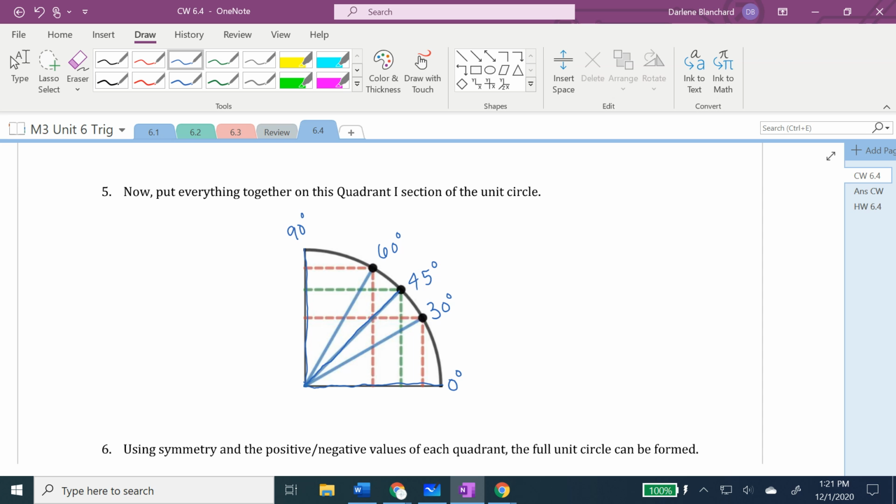Now, are there more angles than just 0, 30, 45, 60, and 90? There are a lot more angles. These are our reference angles. They allow us to get an idea of what the values of sine and cosine are for other angles.